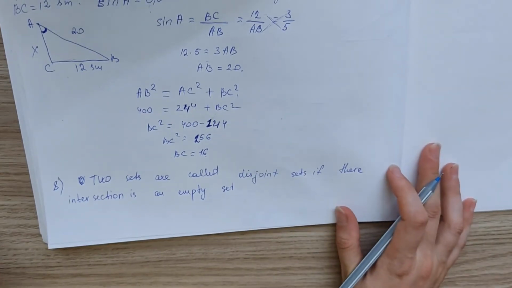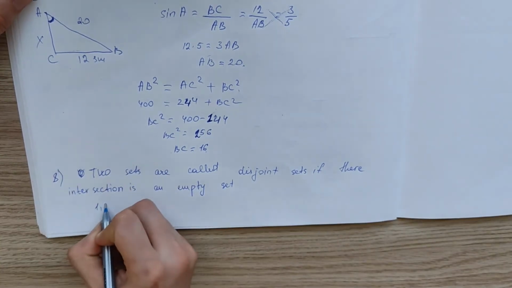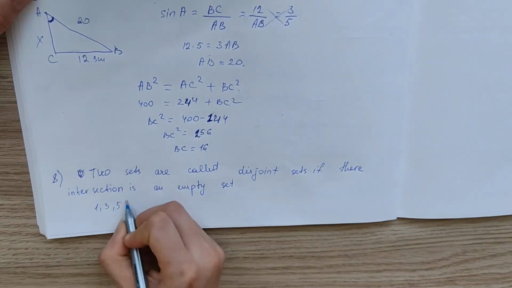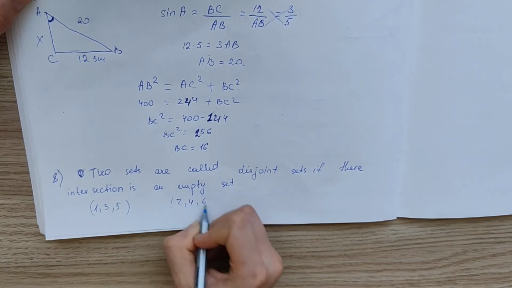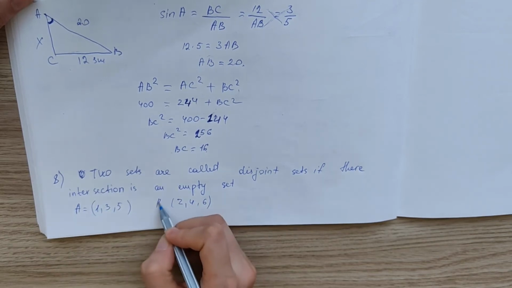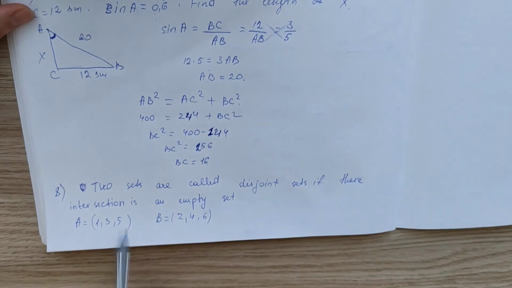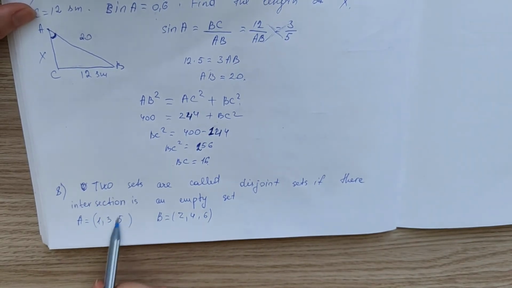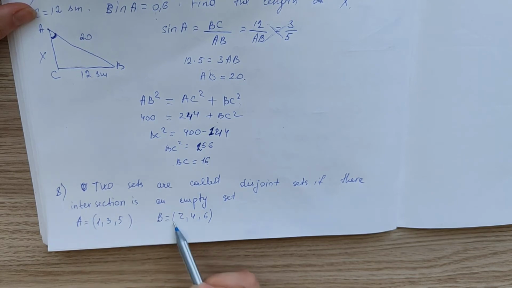So let's do an example. 1, 3, 5 and 2, 4, 6. Let it be A and let it be B. As you see, A is the set of odd numbers and B is the set of even numbers.